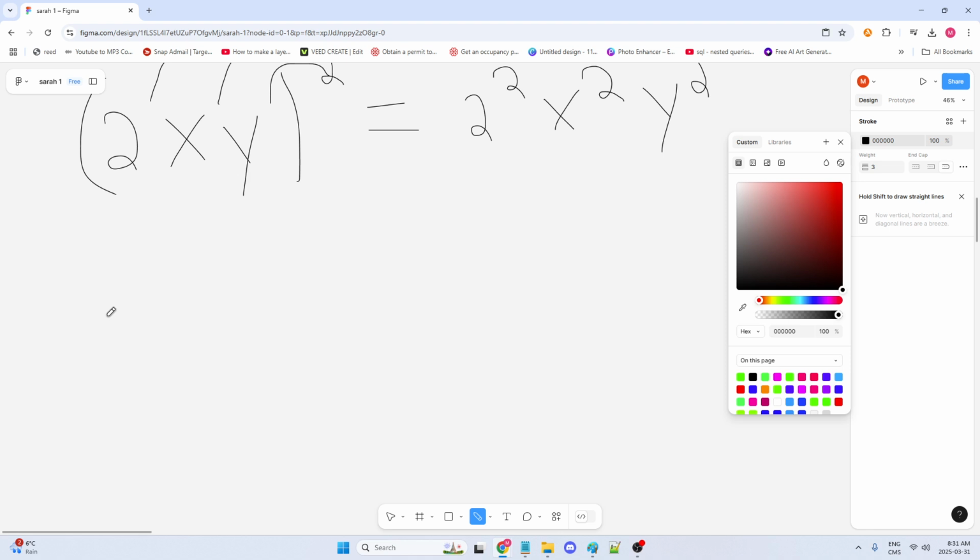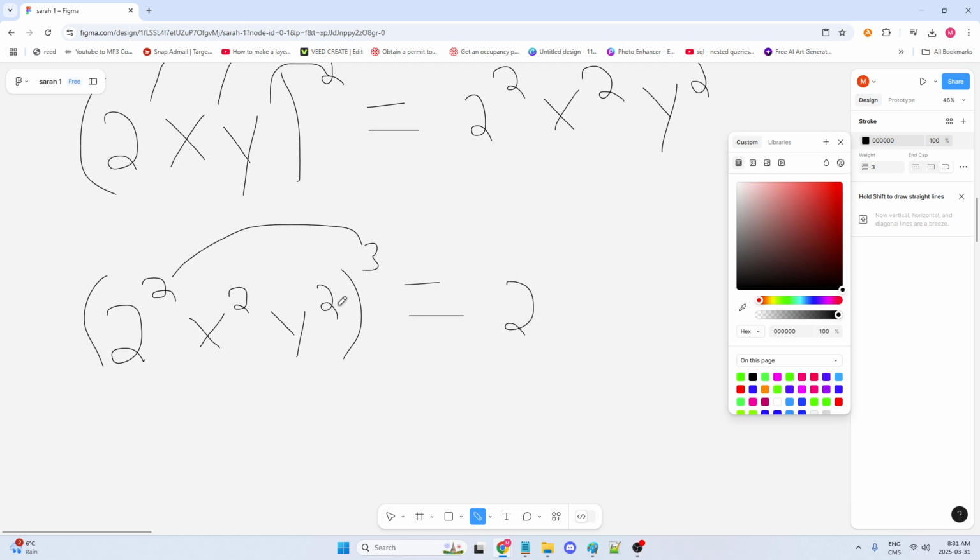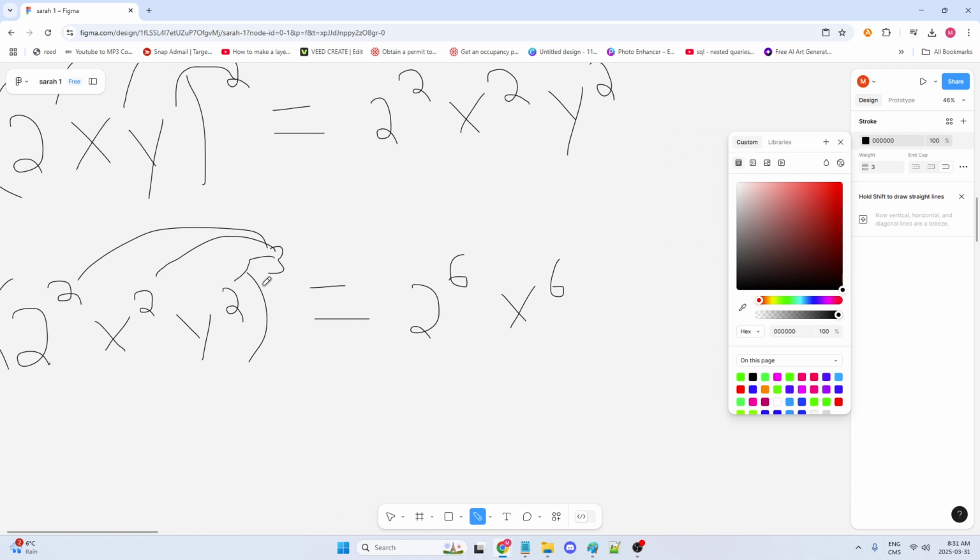Now say you have this 2 to the 2, x to the 2, and y to the 2 over, and you have 3 like this. So the only thing you have to do is go to each one. 3 times 2 is 6, 3 times 2 is 6 again, and 3 times 2 is 6 also.